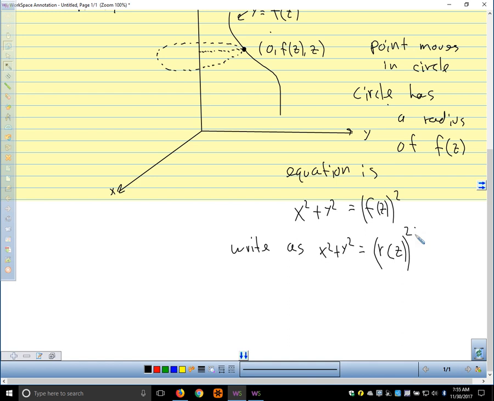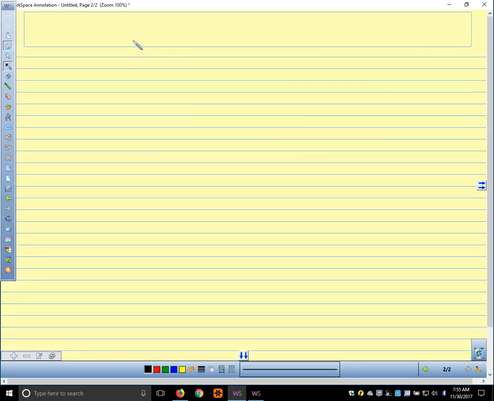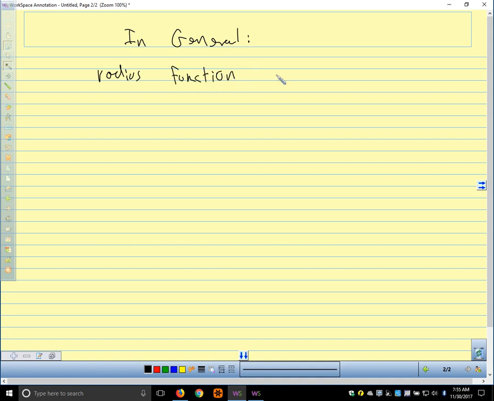We can generalize this for a curve in any of the coordinate planes rotated about any of the axes. We just interchange some coordinates. So if we generalize, we get three cases. We have a radius function r, and we revolve about the given axis.